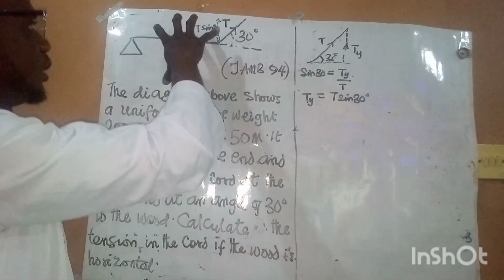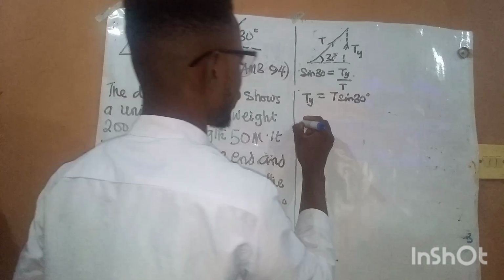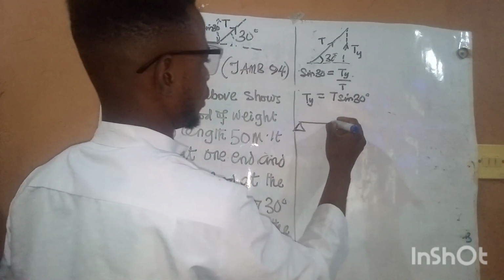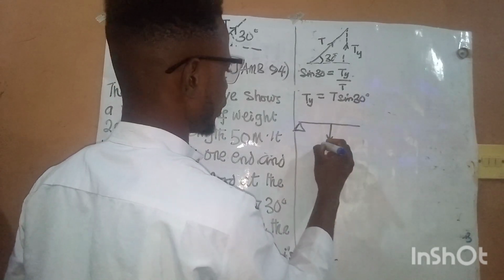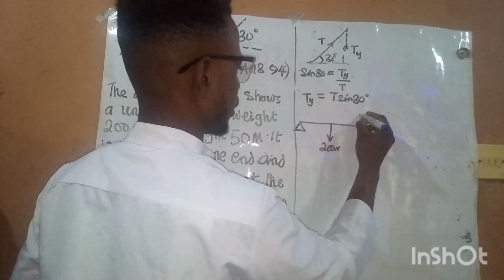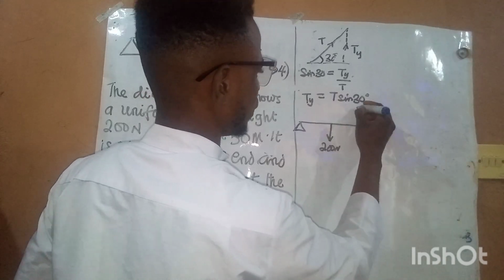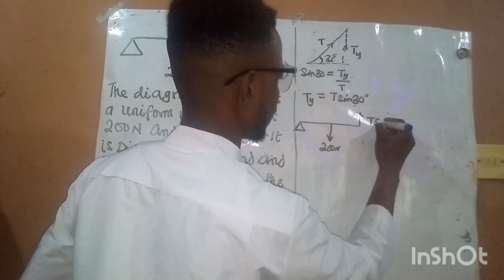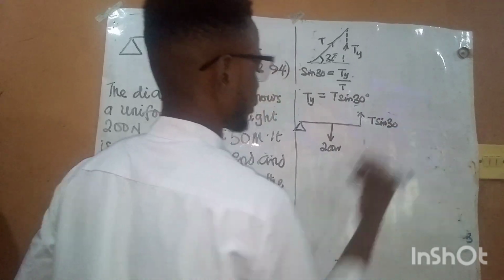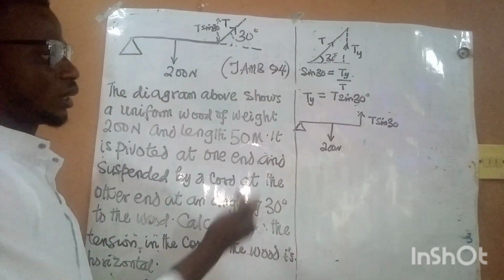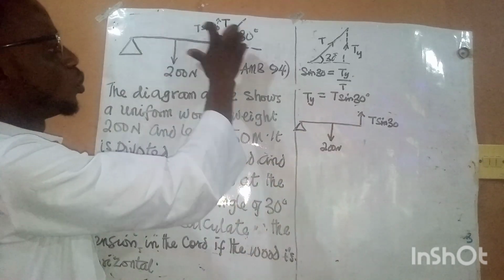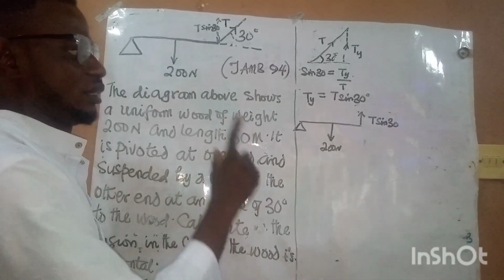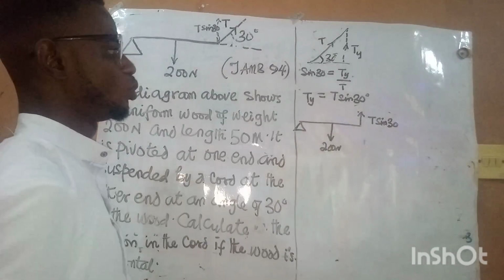So in that case, this system can be reproduced as 200 Newton, T sine 30.